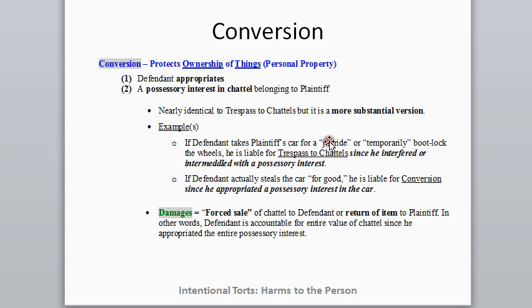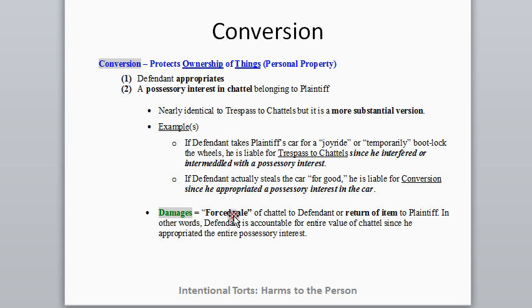We said that a joyride is a trespass to chattels, or another example would be if you put a boot on someone's wheel and they can't use their car until they take the thing off. But if you actually take the car for good, you hotwire your neighbor's car and you say, well, I don't want to give it back, I'm going to take it for good, that's conversion. You appropriated the possessory interest instead of merely interfering with it.